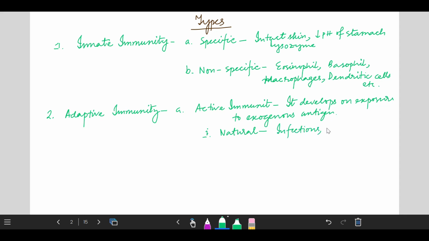When you are taking vaccine against any kind of disease, these come under the vaccinated kind of active immune system. Okay, the vaccines are like tetanus toxoids, polio vaccines, measles, etc. These come under active type of vaccination system. Okay.